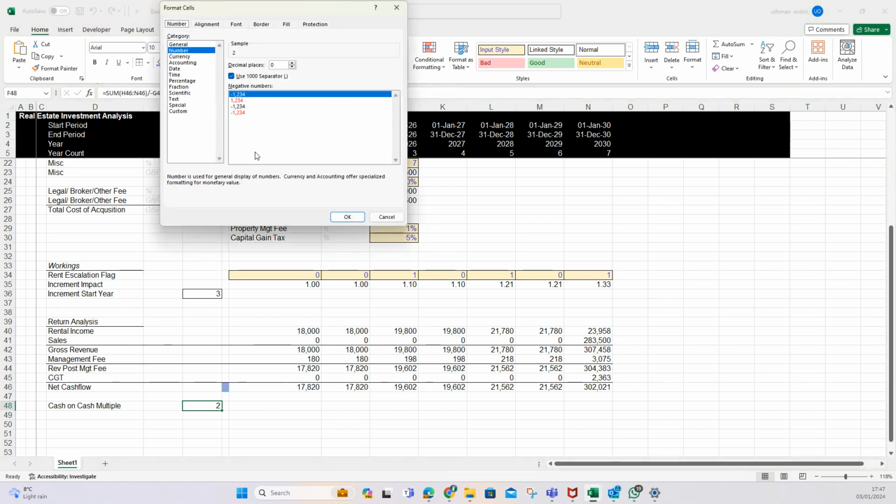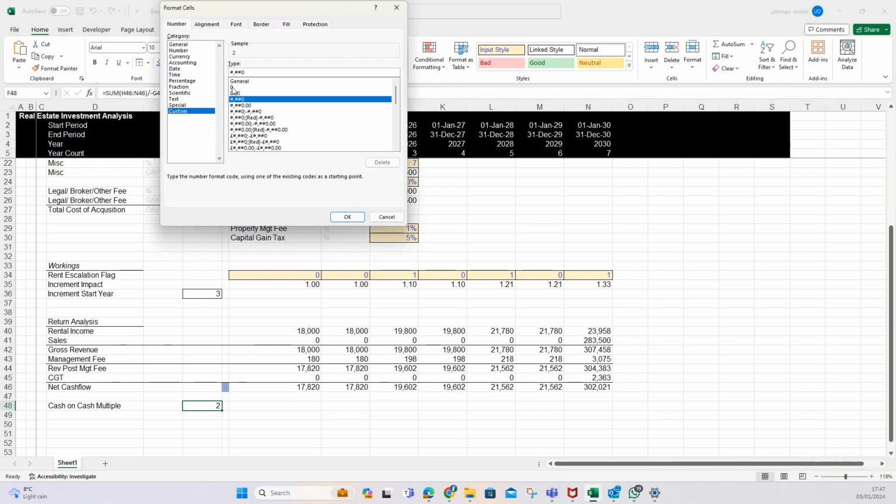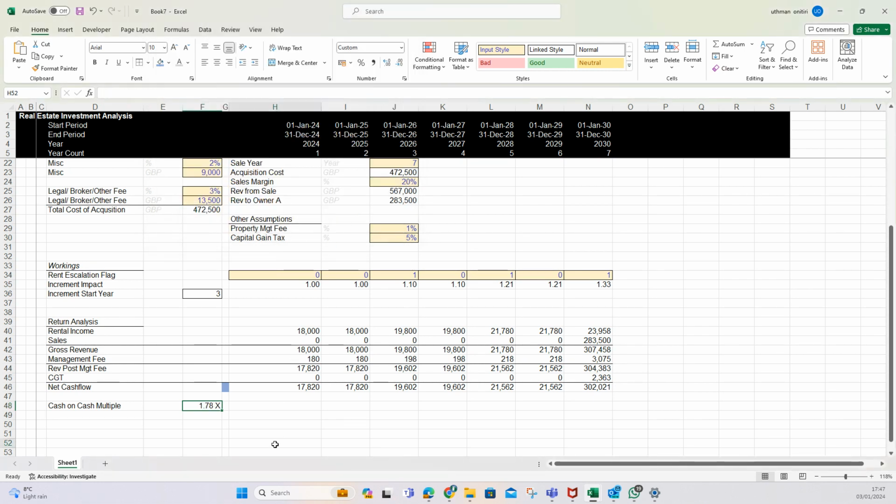Then I can do custom formatting. So which means I get 1.7 times the amount that I invested back.